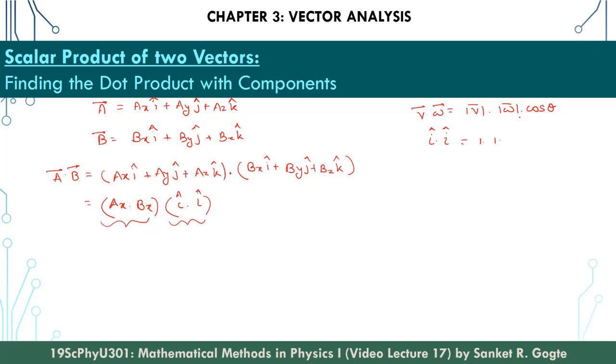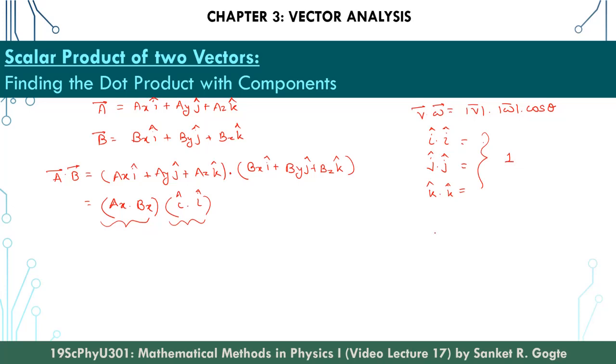So this I dot I turns out to be equal to 1. Similarly, J dot J is equal to 1 and K dot K is also 1, and all these three are equal to 1.